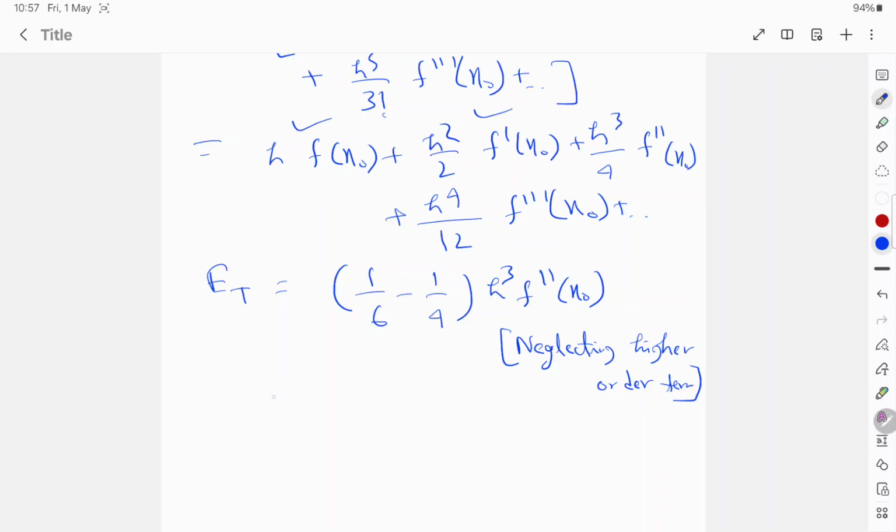So overall you are getting almost minus h cube by 12. Okay, we are considering the negative sign, no issue.